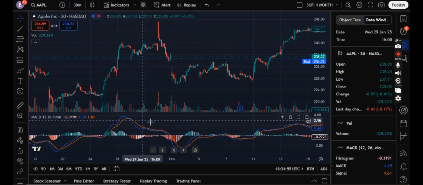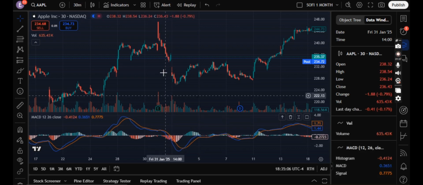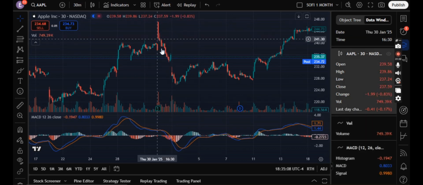Right, now same thing on the negative side. If you see it goes below that middle line, you see that blue line sharply goes below that orange line, it shows you're in a bear market, as you can see here.